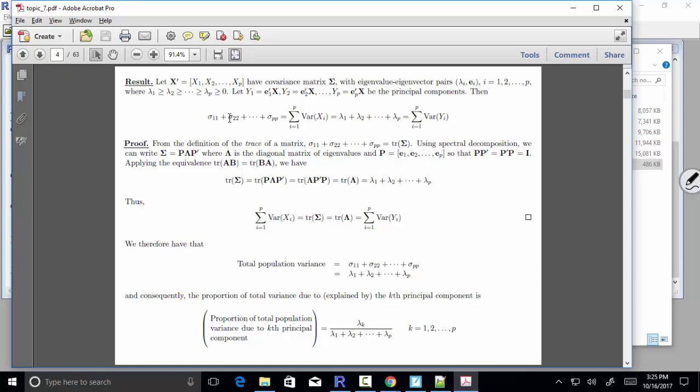So if you add up the diagonal elements, that is, in a sense, the total variance. You're adding up all the variances of the p variables. And it turns out that the sum of the variances equals the sum of the eigenvalues. That's from topic 2, I think. It's in your textbook. The sum of the diagonal of a covariance matrix equals the sum of that covariance matrix's eigenvalues.